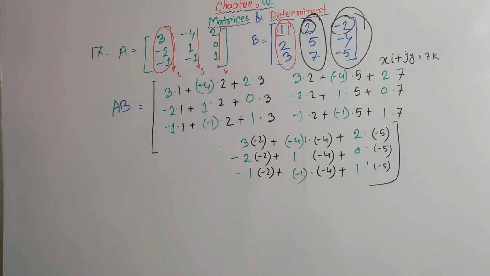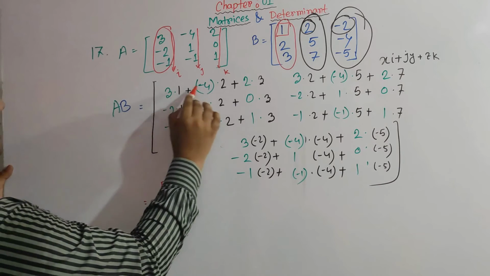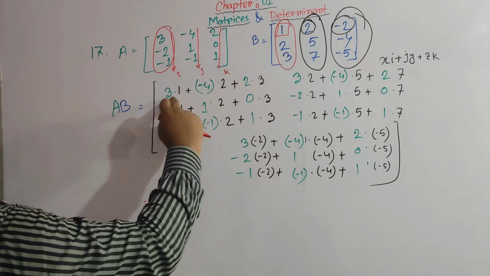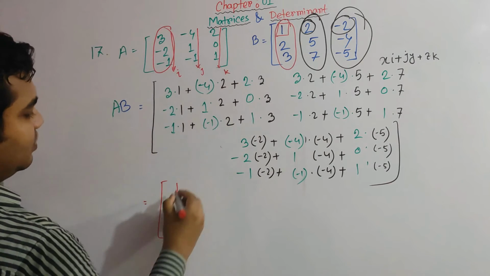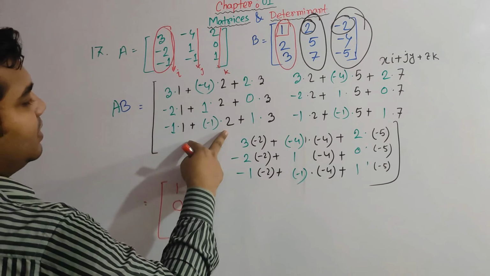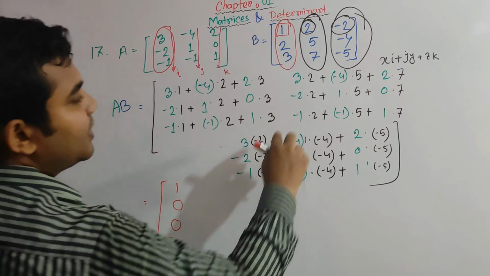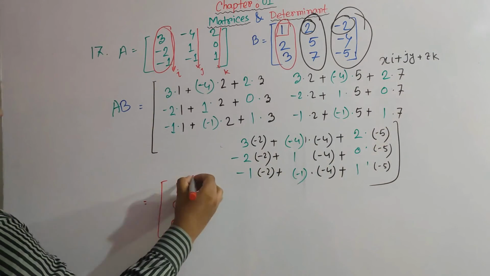If we calculate it, then we'll get 3 minus 4 plus 6. So 6 and 3 is 9, 9 minus 8, it should be 1. Minus 2 and 2, it should be 0. Minus 1 minus 2, 3 plus 3, that is also 0. 6 minus 20, 24, so 0.